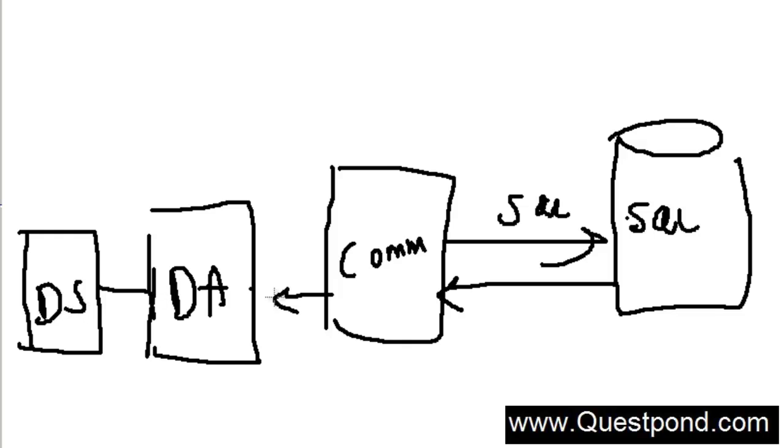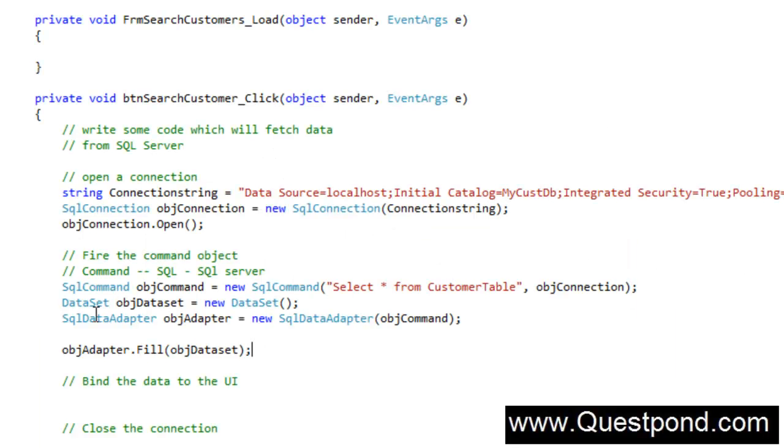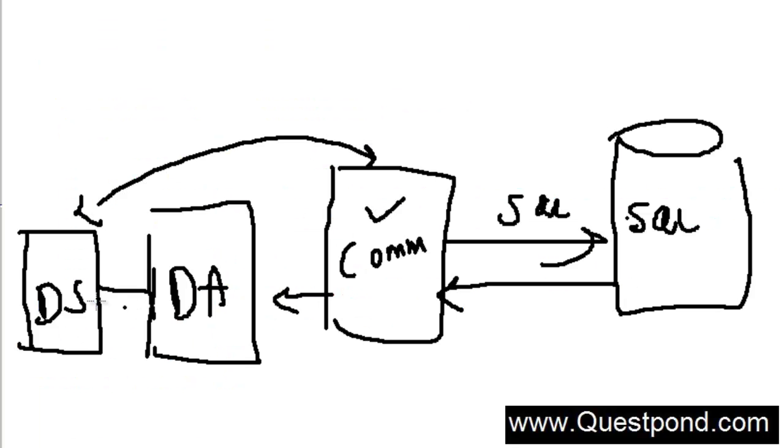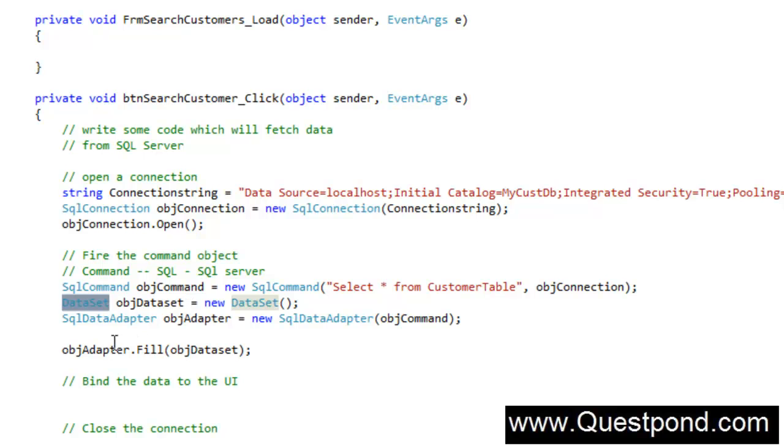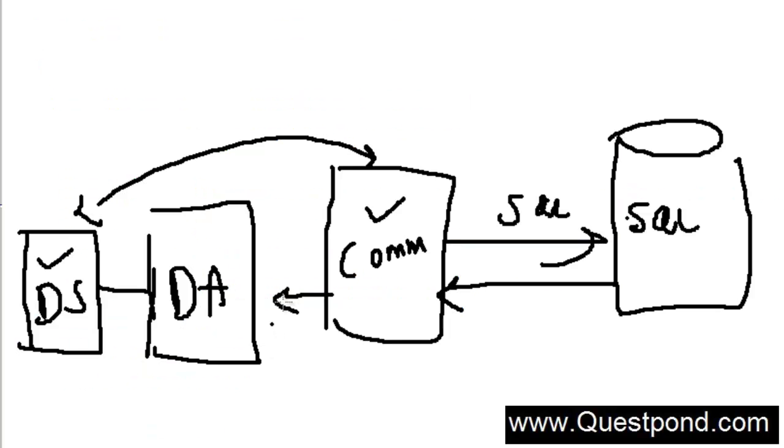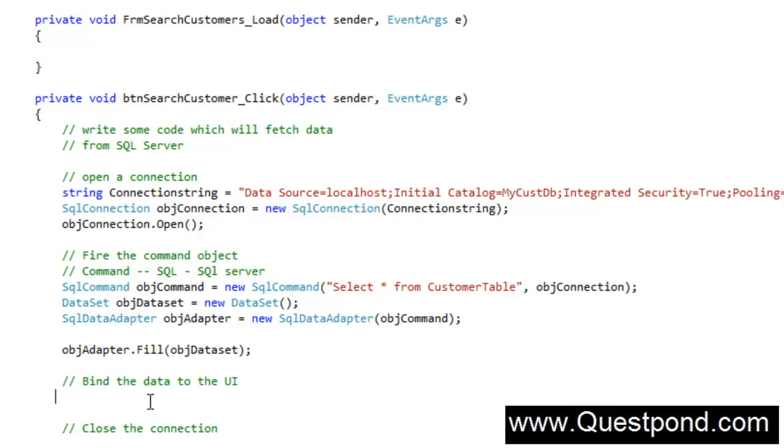So you can think of the data adapter as a bridge between your data set and your command object. This is your command object, this is your data set object, and this is the one that connected the data set with your command object. Alright, so we are done.